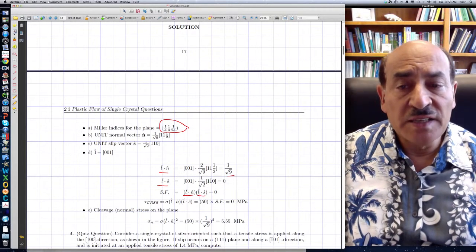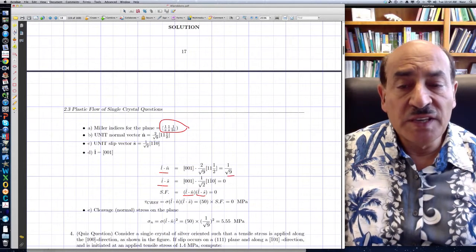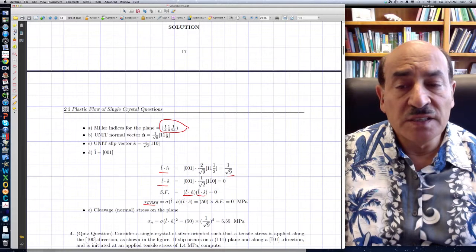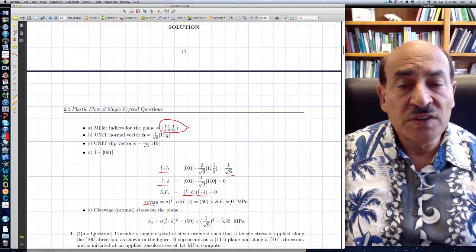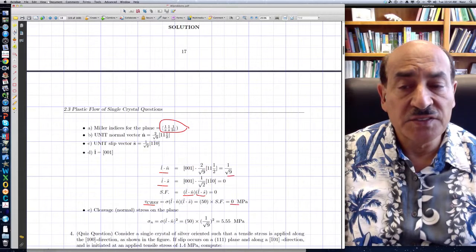Then you multiply the load by the Schmid factor to get the critical resolved shear stress. And as you can see here, because L dot S is equal to 0, you get 0 shear on that plane, which is very interesting.